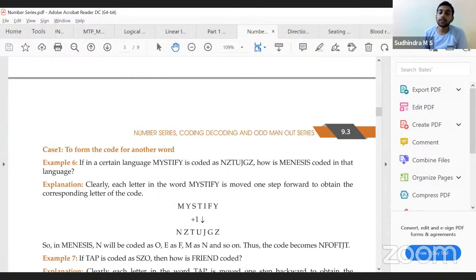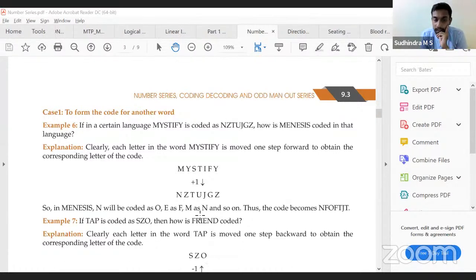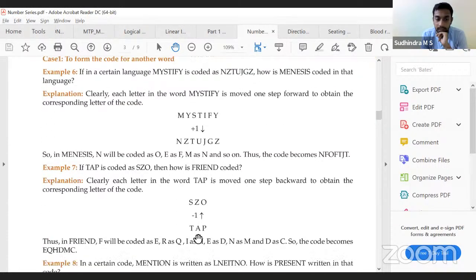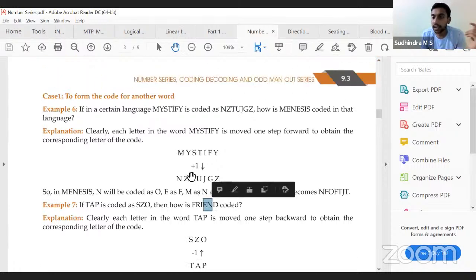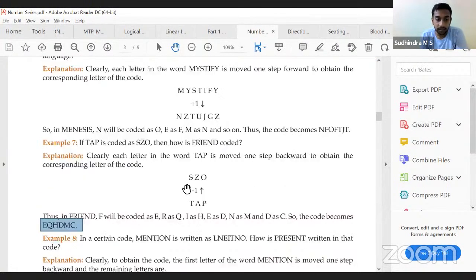So similarly, for F it would be E. For R, Q. I, H. Then E will be D, N, M, E, C. So that would be the code. Right? Coding is simple. Coding is easy.